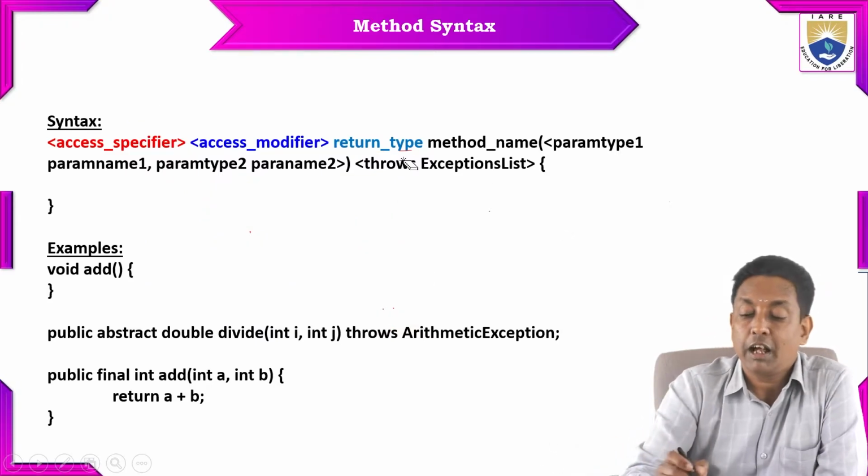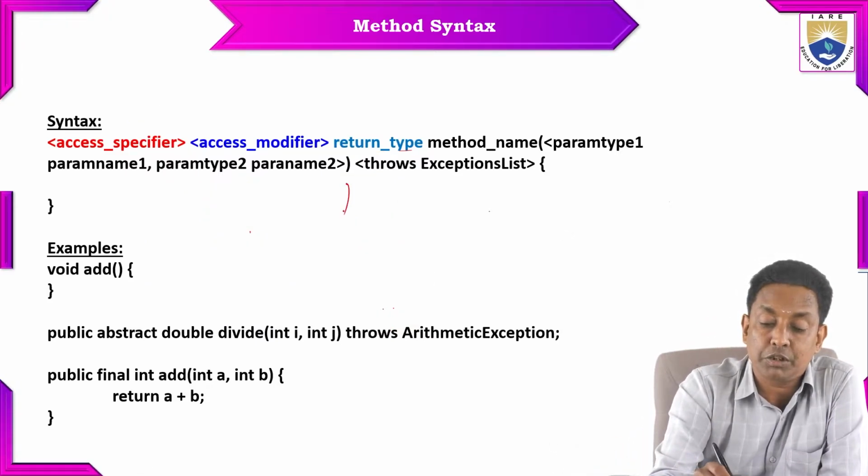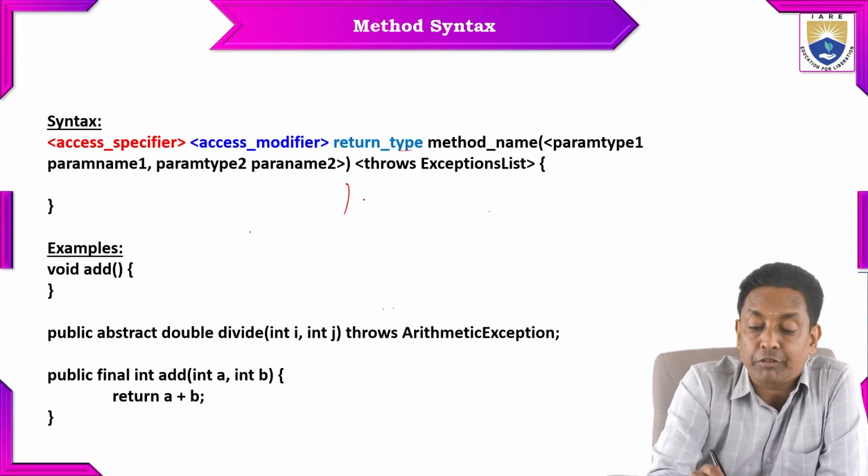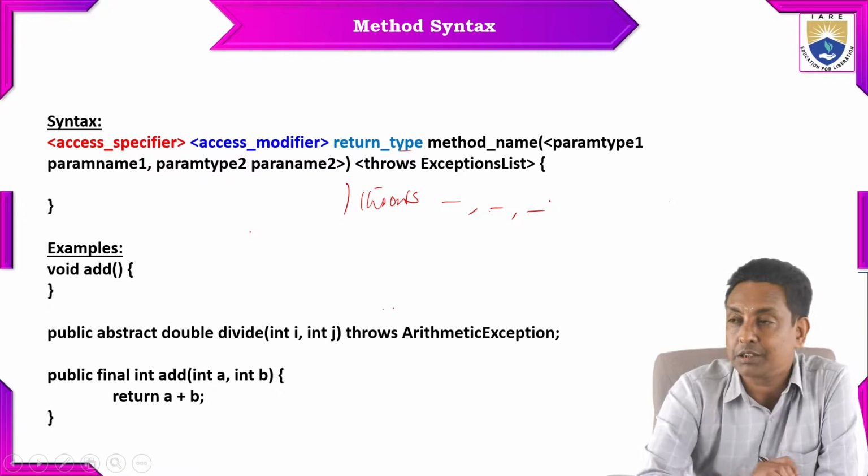Next, after the parentheses of the method, mention the list of possible exceptions that our method throws. You write all the exception names as a list here.